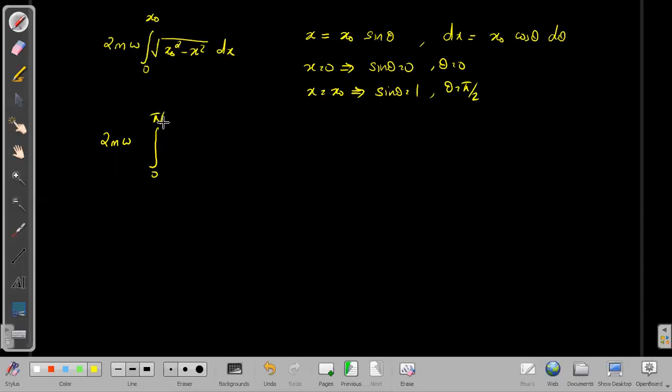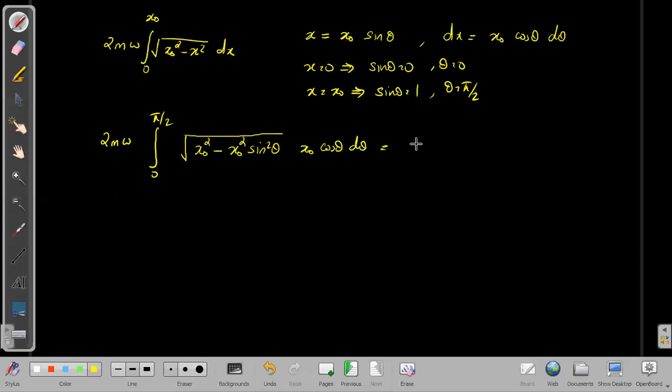So this integration becomes 2 m omega times the integral from 0 to pi by 2 of root of (x0 square minus x0 square sine square theta), and dx is x0 cos theta d theta.